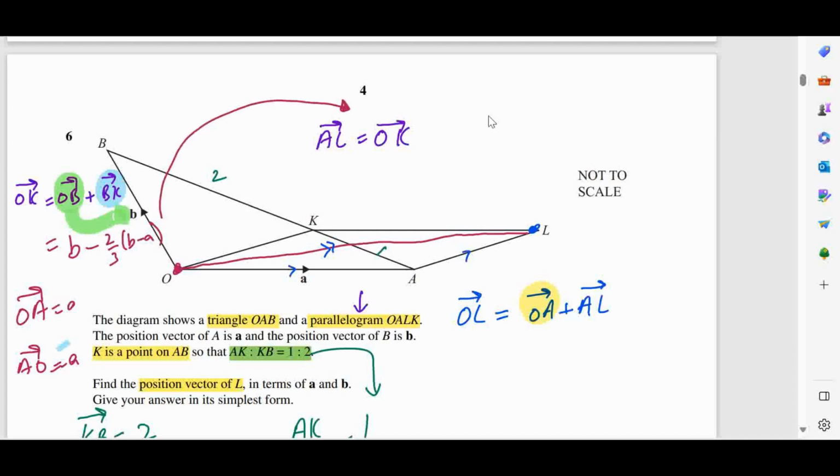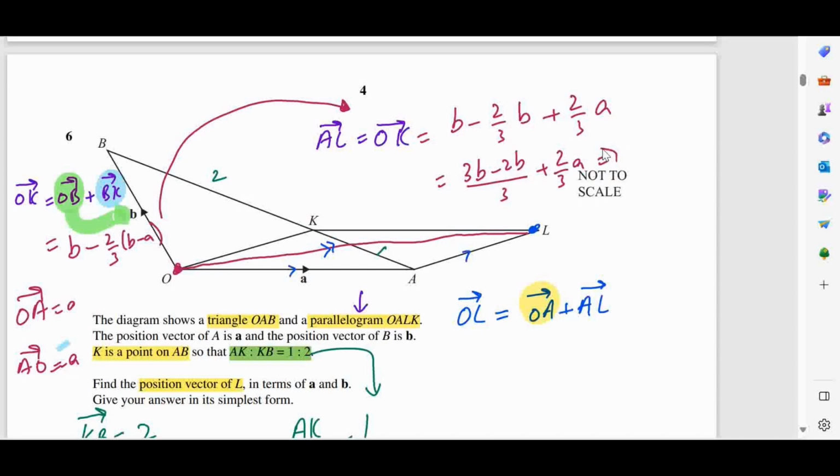So we can say that AL will be equal to, we can simplify it like this, minus 2 by 3 b plus 2 by 3 a. If we take the LCM, this will be 3b minus 2b whole divided by 3, plus 2 by 3 a.